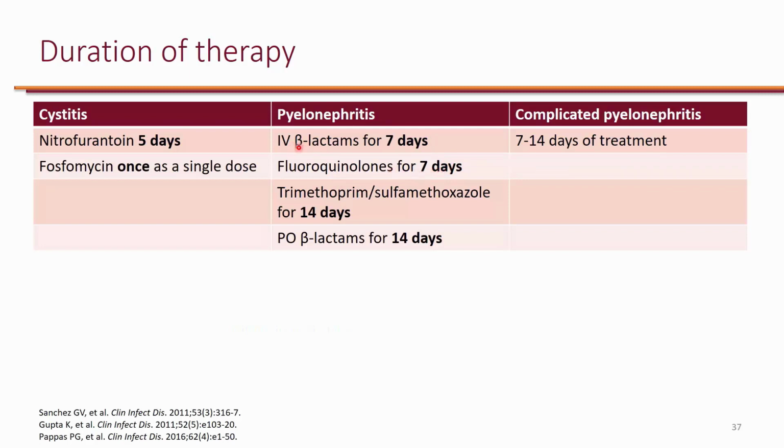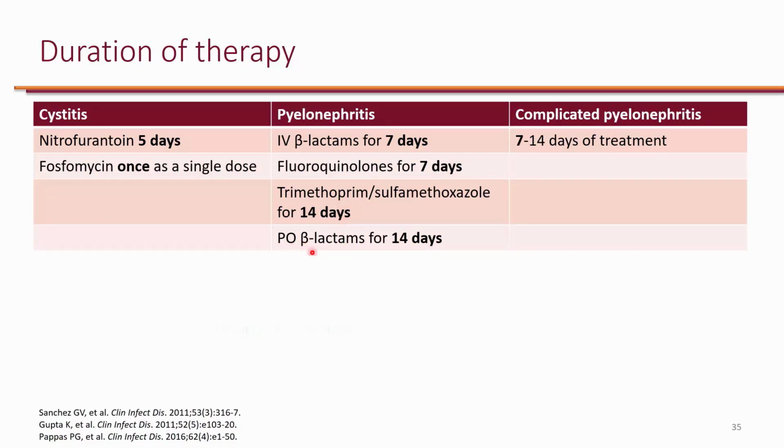So let's say someone got IV beta-lactam for the first 3 days, and then they were switched to a fluoroquinolone, then they just do 4 more days of fluoroquinolone plus the 3 days of IV beta-lactam to give you a total of 7 days. With Bactrim, 14 days is required, as well as with PO beta-lactams.